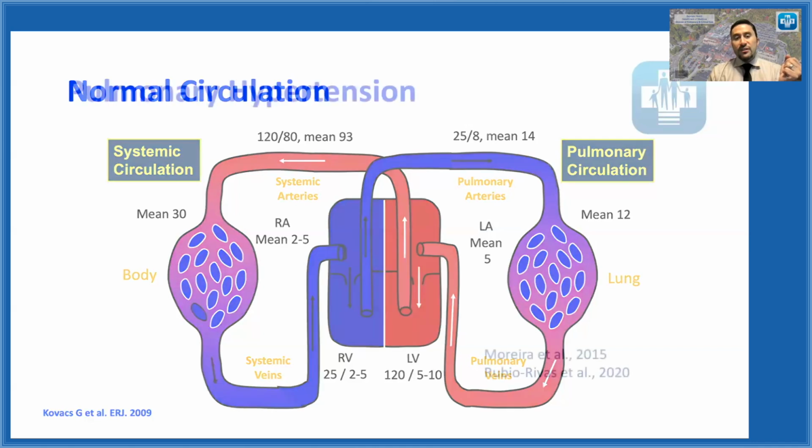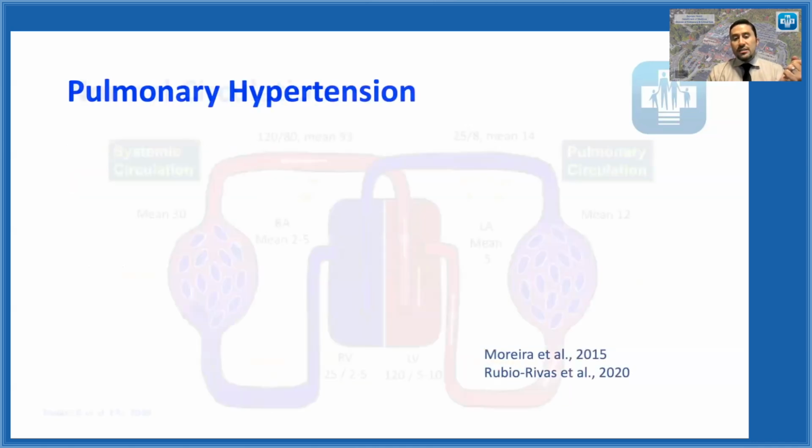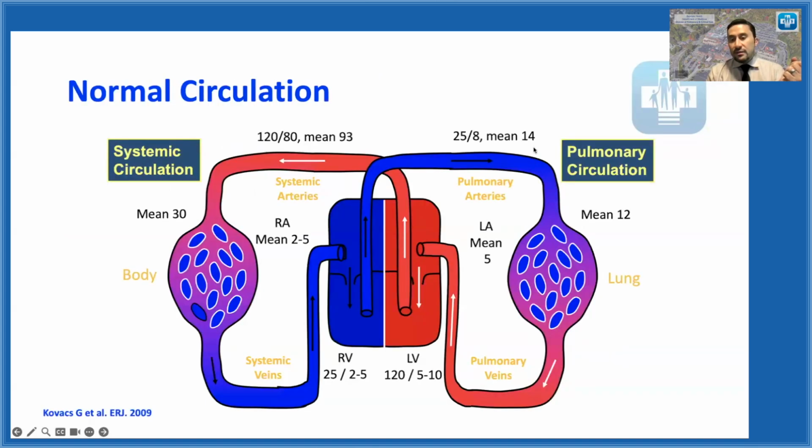Now, when a patient develops pulmonary hypertension, it is usually a disease that happens to affect this area of the pulmonary artery. The pressure here rises significantly.